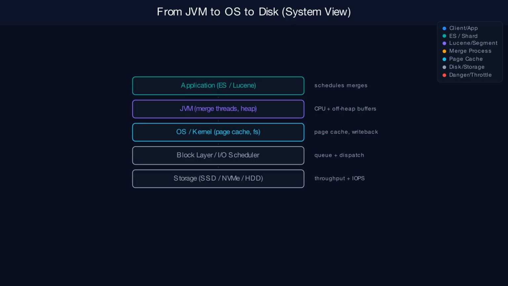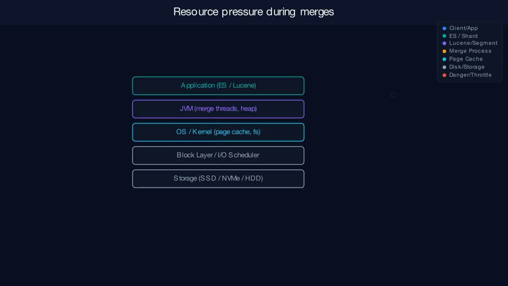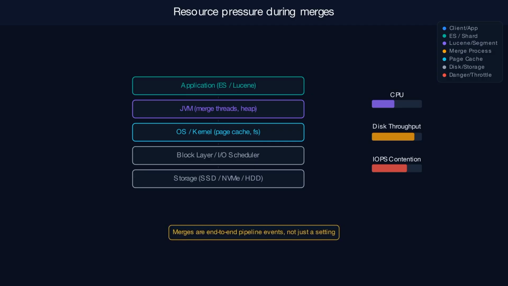At the OS level, the kernel handles file reads and writes through the page cache, manages dirty page write-back, and schedules I/O to the storage device. At the storage layer, the disk or SSD handles throughput and IOPS constraints. And if your cluster is under replication or snapshot load, the I/O subsystem may already be busy.